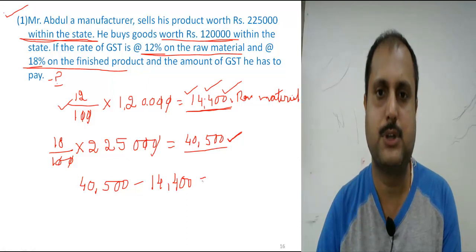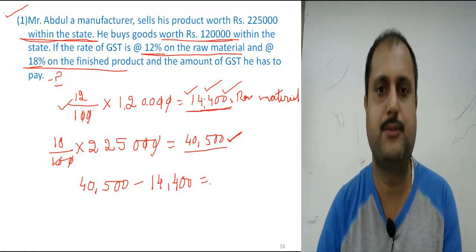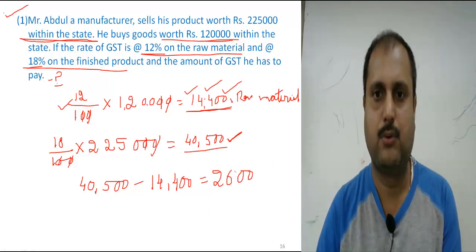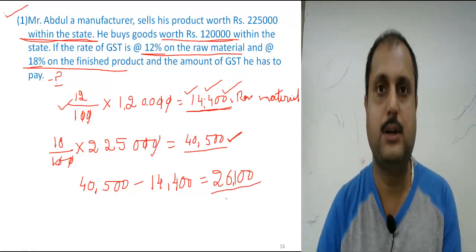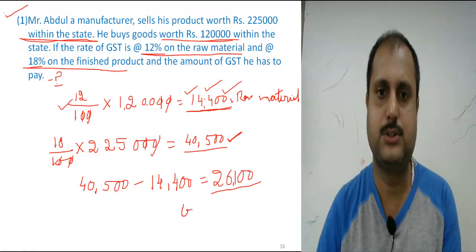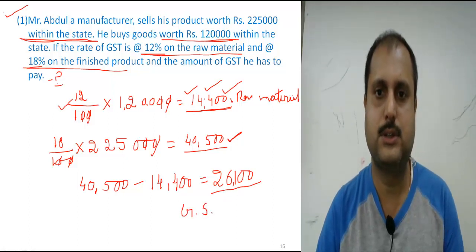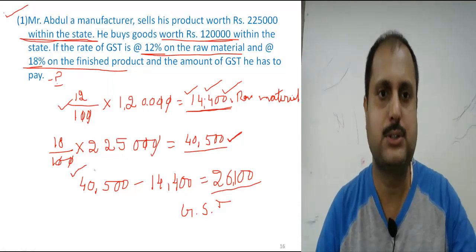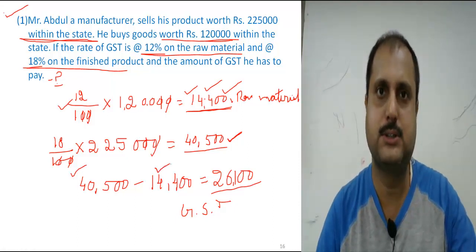Now if we subtract 14,400 from 40,500, the total amount would be 26,100. So this will be called the GST payable, because the output GST is more and the input GST is less.